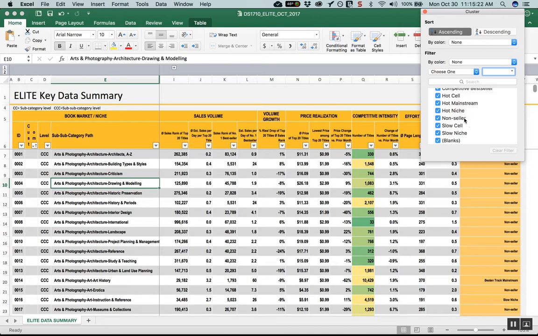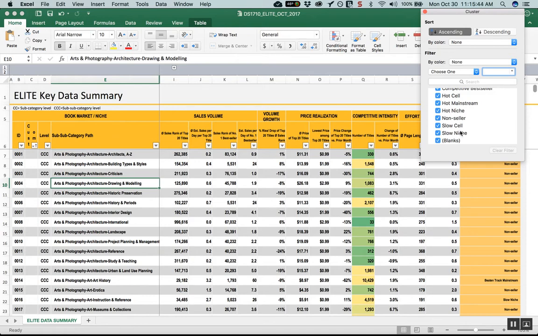Then we have the ones at the bottom that we are not going to be focused on at all either. We have the non-sellers, the slow sell and the slow niche. They're just taking up bandwidth and space. Non-sellers, they're just not selling.